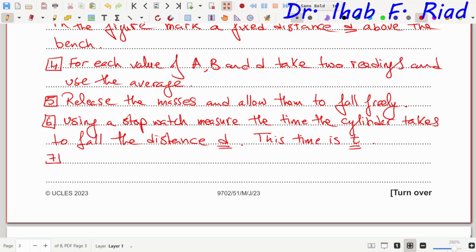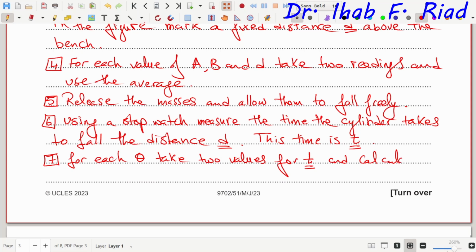Seven. For each theta, take two values for t and calculate the average.